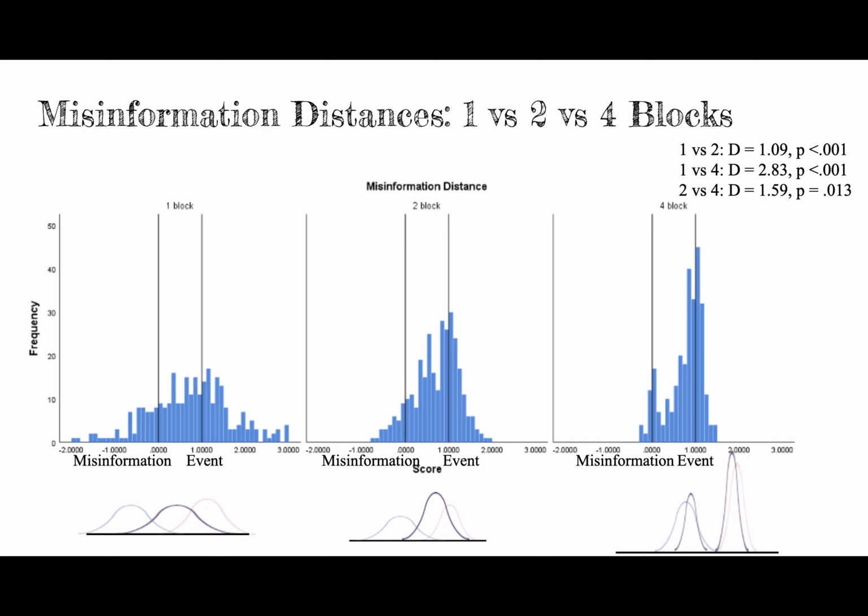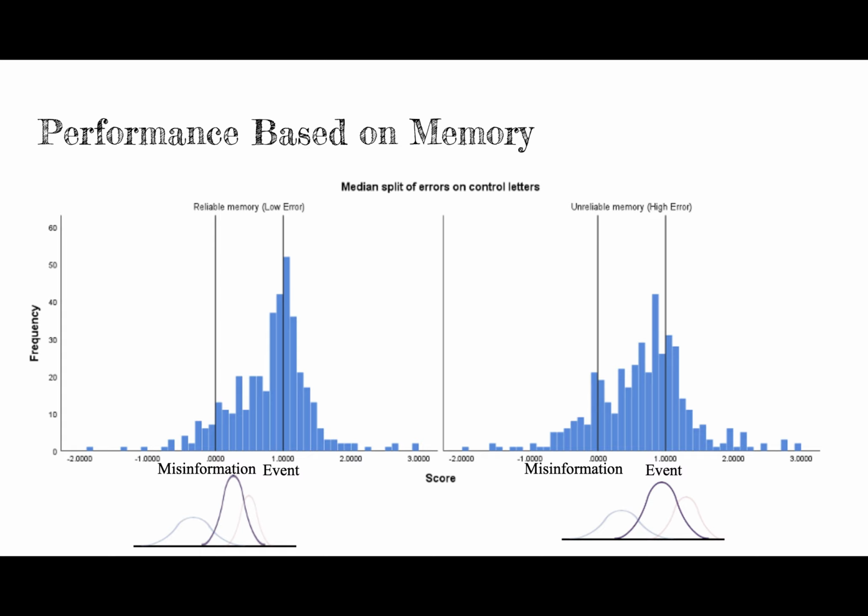The 2 block had the participants answering closer to the event, and the 4 block had a bimodal distribution where there was little to no combination, and the curves are over the event and the misinformation. And for the performance based on memory, we saw a significant difference between the reliable and unreliable memory. So this shows that participants with better memory appear to be less vulnerable to the misinformation effect.